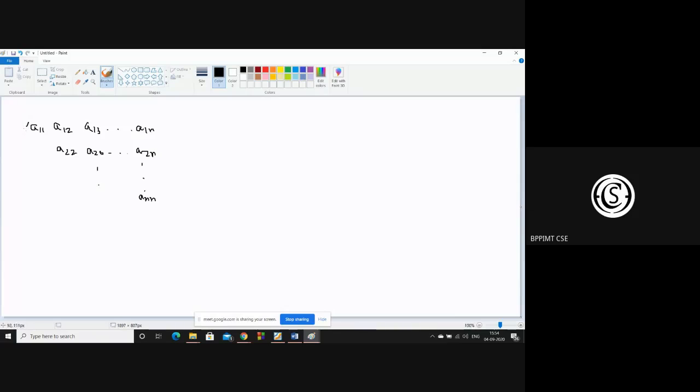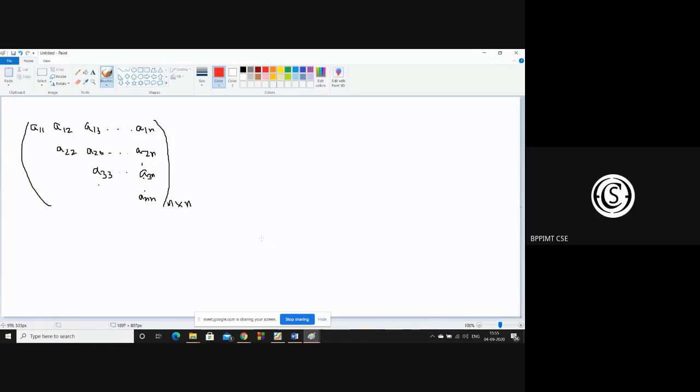The matrix is a square matrix, that is n by n. Now, this is A33 and this is A3n. Is it clearly visible to all of you? Yes, sir.